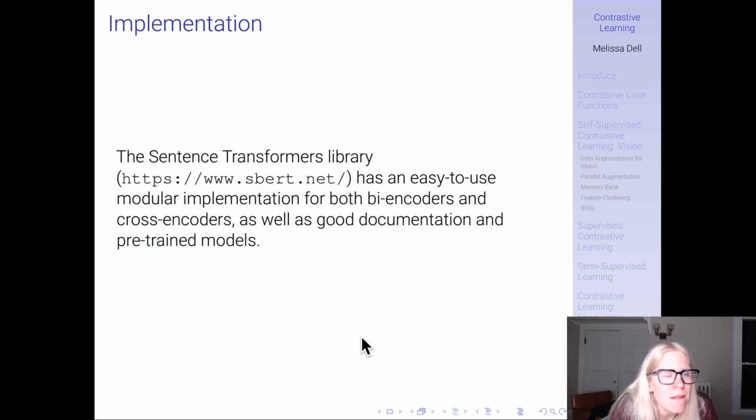And the really phenomenal thing about SBERT is they have an easy to use modular implementation with great documentation and lots of pre-trained models. So lots and lots of different language models trained on different data sets with different loss functions. So triplet loss versus SupCon versus contrastive loss, etc. And it's also highly optimized code.